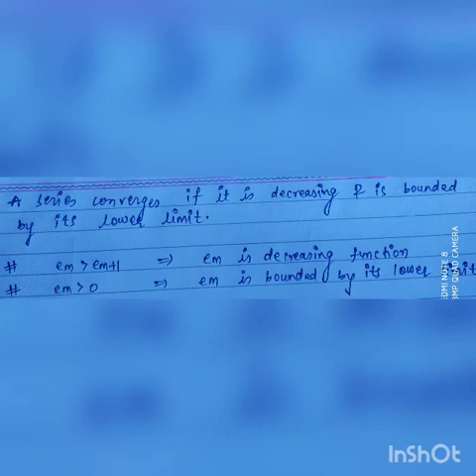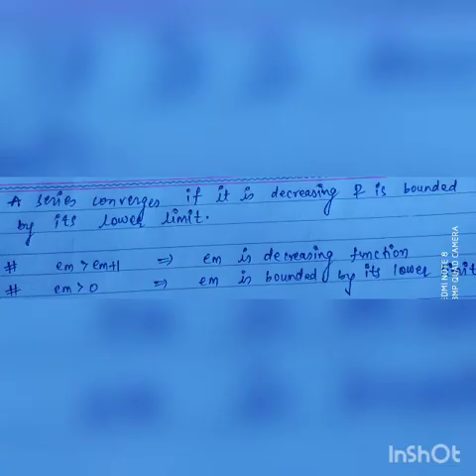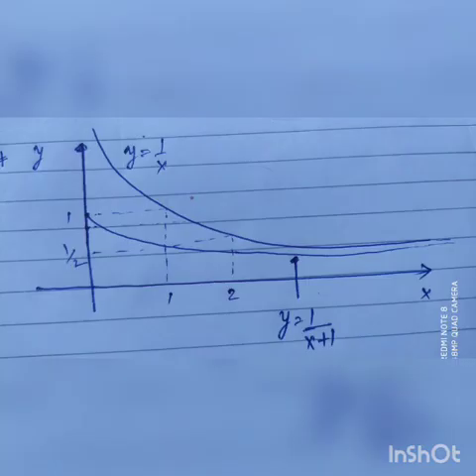One way to prove that a series is converging is to prove that the series is decreasing and is bounded by its lower limit. Here, Em is greater than Em+1, so we can easily say that Em is a decreasing function, and we have also proved that Em is greater than 0, so it is bounded by its lower limit. So we can say that the limit of Em when n approaches infinity exists and is Euler's constant.